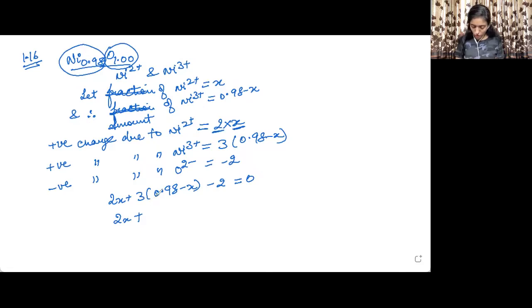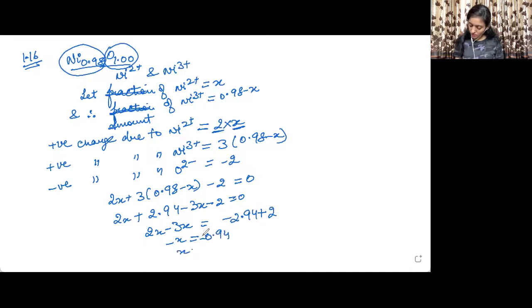So it is coming out to be equal to 2.94 minus 3x minus 2 equal to 0. Now what you can do is combine the terms with x and without x. Okay. So 2x minus 3x is equal to minus 2.94 plus 2. So minus x will be equal to 0.94.